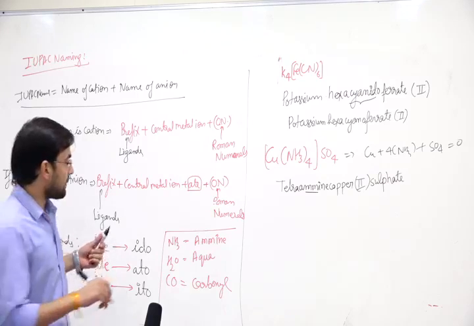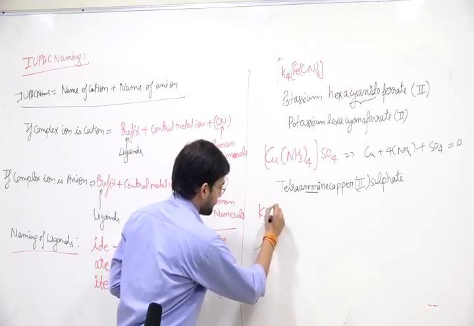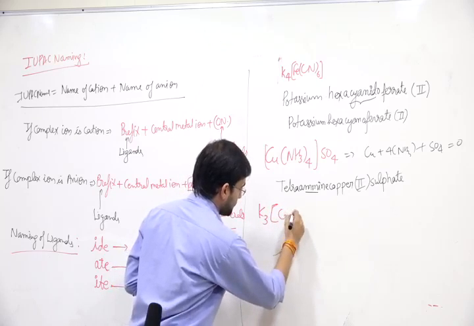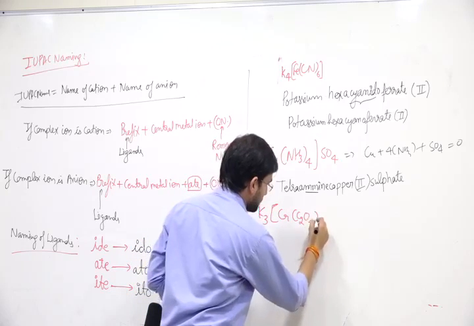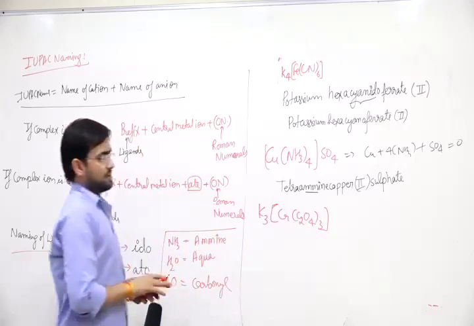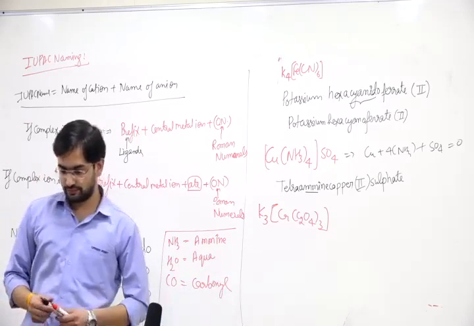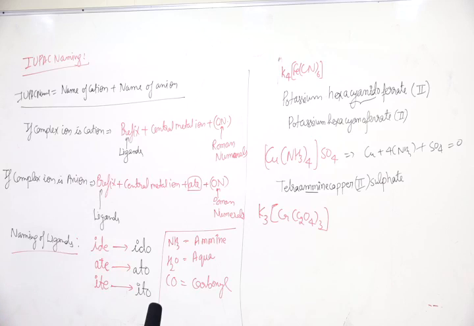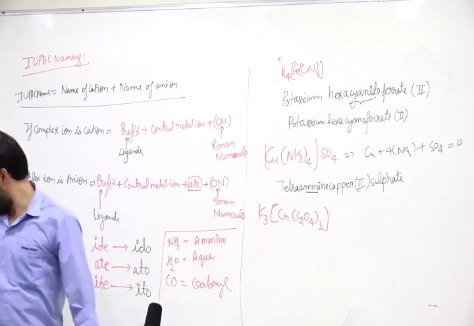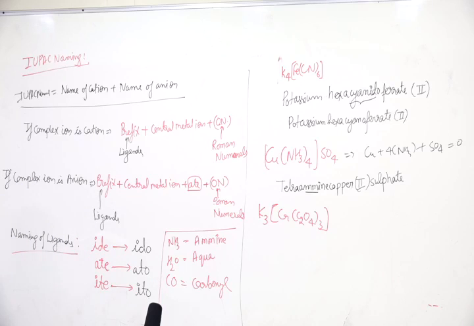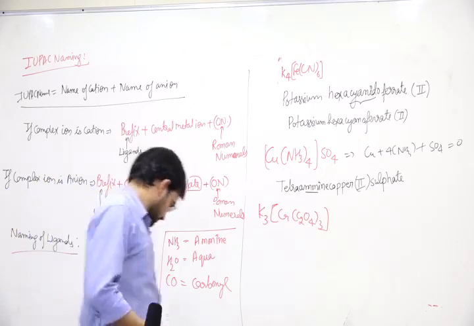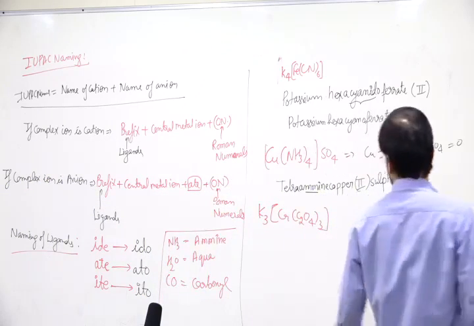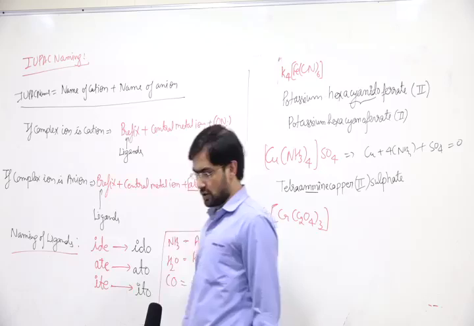So can you solve one more? Try solving this: K3[Cr(C2O4)3].